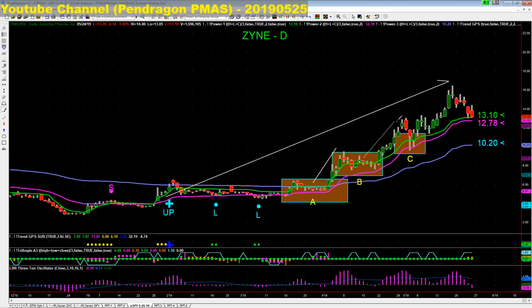As I mentioned before, the trend GPS trading signals, which are these letter L and up, are a totally different algorithm compared to the 3 lines. We have many different sets of algorithms, different trading logic going on here. So based just on the Pendragon 3 lines, those ABC can take additional trading signals.